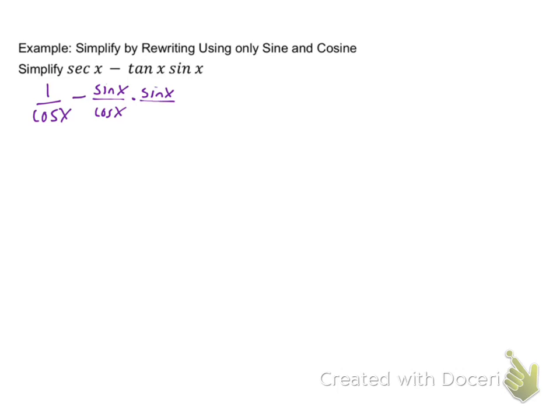Now look what I am going to do. I put this over 1. I put it as sine of x over 1 because anything can be written over 1. The reason I do this as well is that I have a fraction times another fraction, and when you do that, you multiply what?